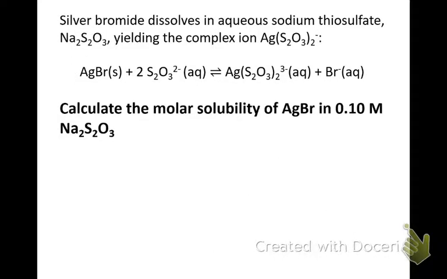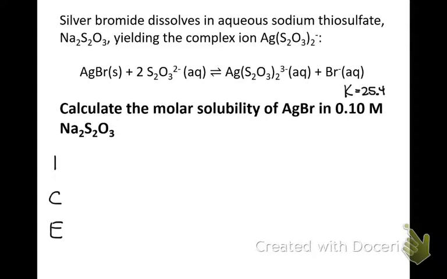We can then recalculate the molar solubility of silver bromide in the presence of, say, 0.1 molar Na2S2O3. So we can use this equilibrium that we've already defined, and we said that K is 25.4. Our question is, what is the molar solubility, which is another way of saying what is the concentration at equilibrium. If we want to know concentration at equilibrium, we need to use an ICE table.